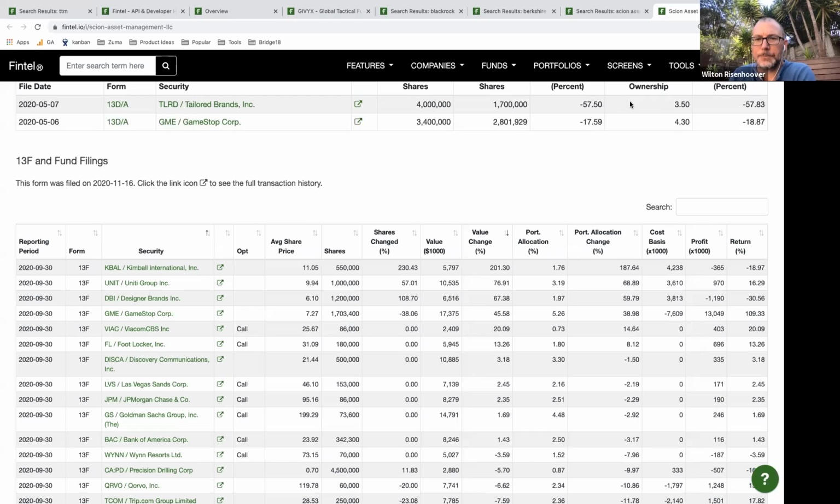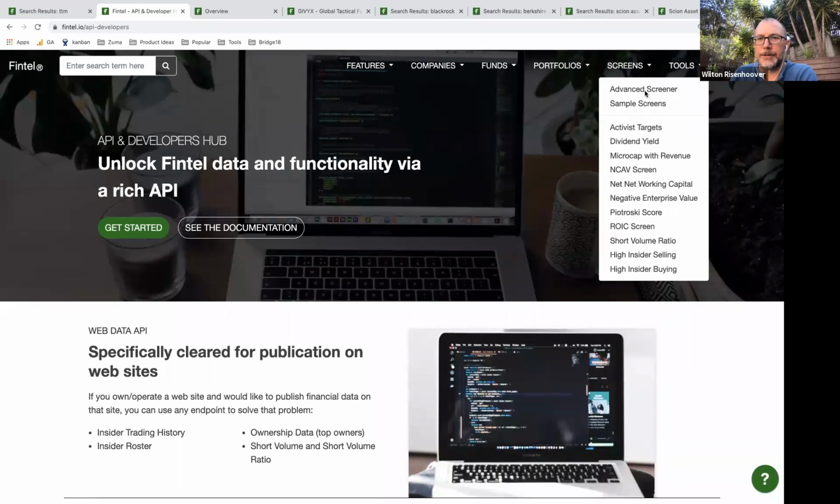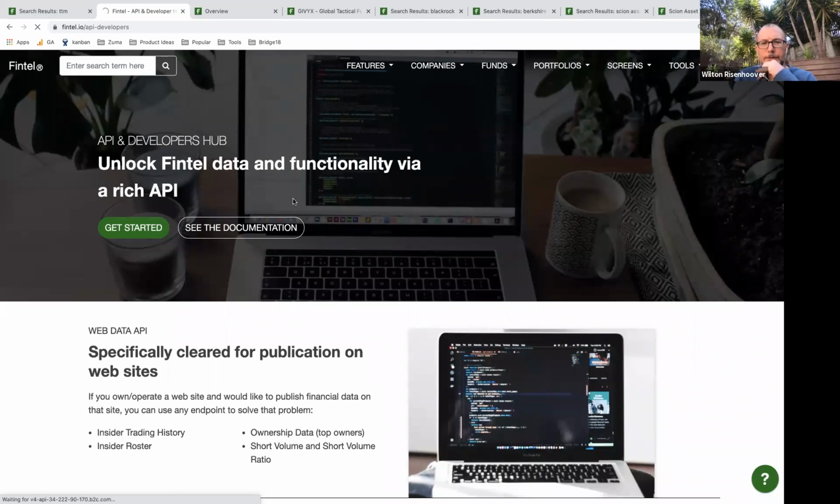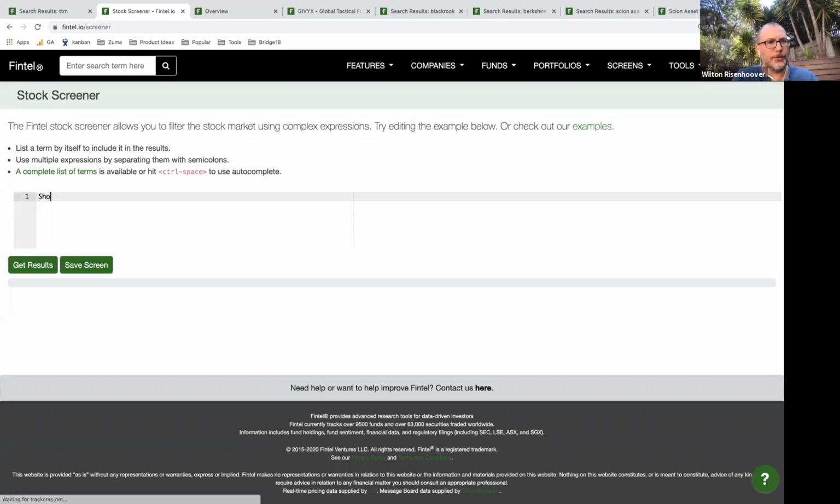How do I see all short interest, highest short volume to lowest? It's a good question. I'll tell you what you can do. You can go over to the stock screener and say short volume ratio greater than, let's just say something like 15%.